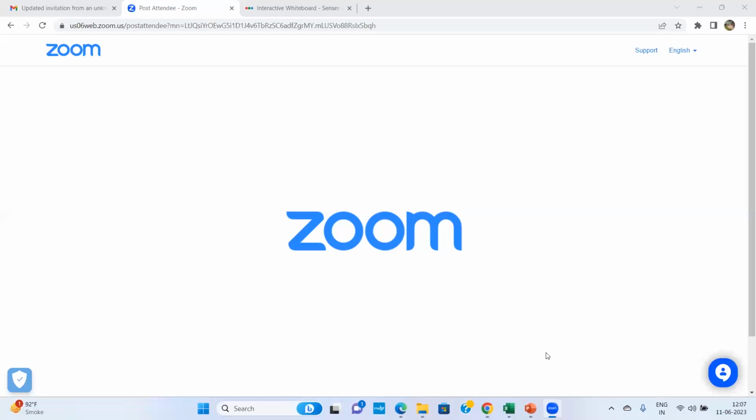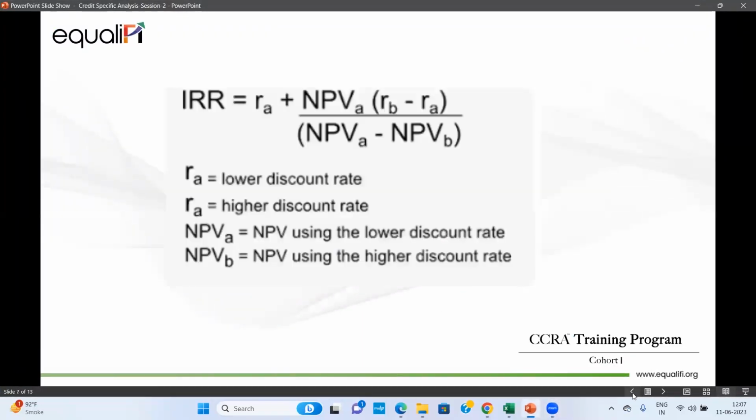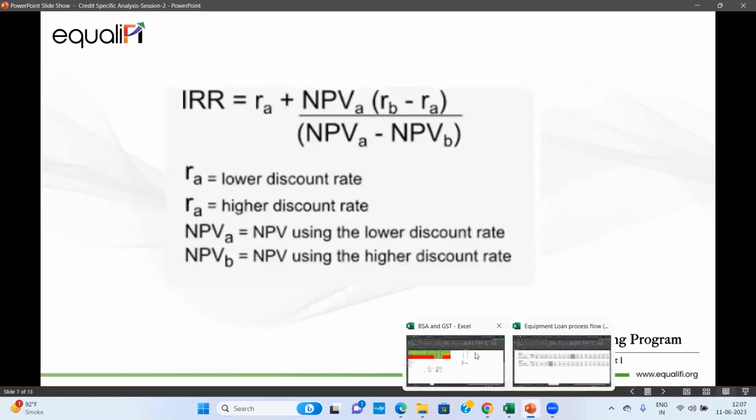It will take some time. But anyway, I can express in Excel as well. I will, for the time being, express in Excel. So this is the formula of IRR, right? Now I will show it in Excel.